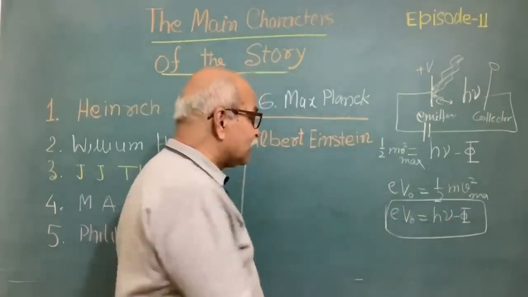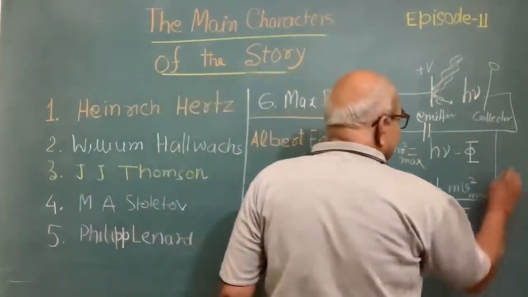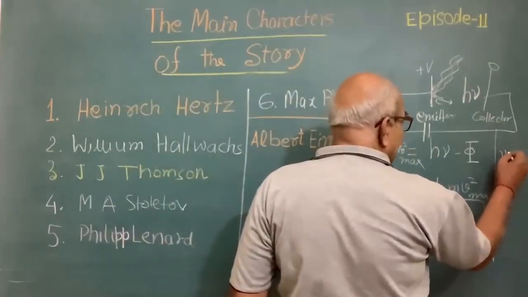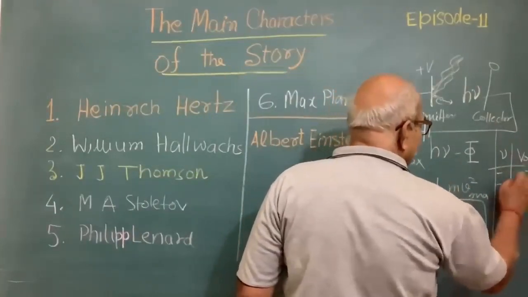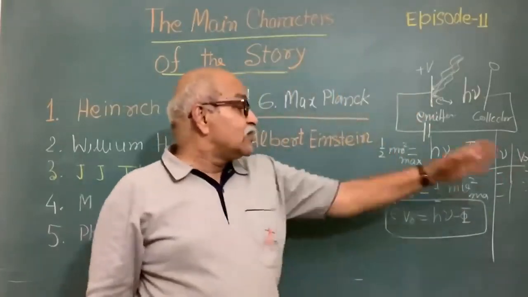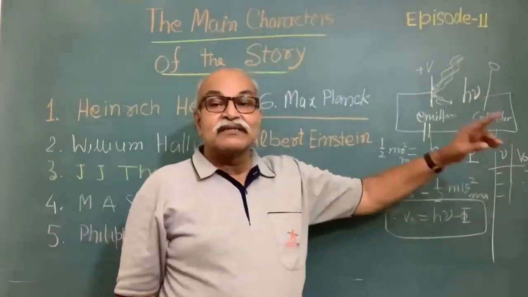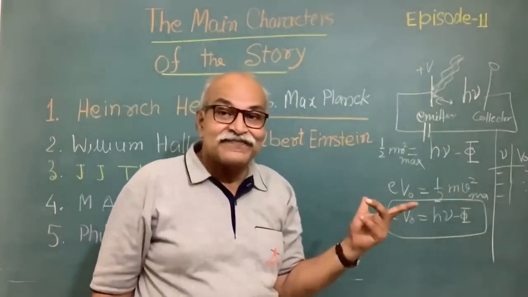So there's a table. Then you have this nu, and then you have this V naught. If someone does this experiment, what should the person find?